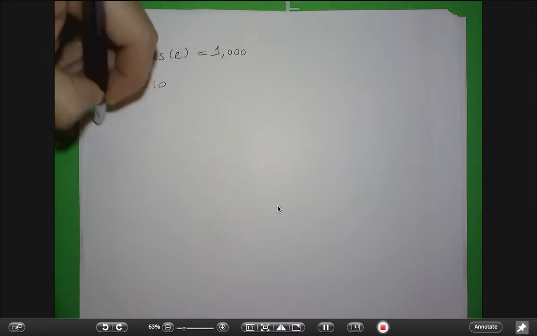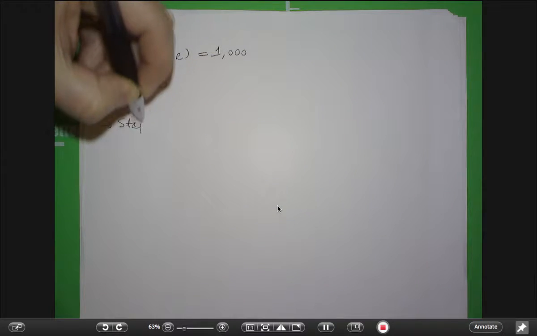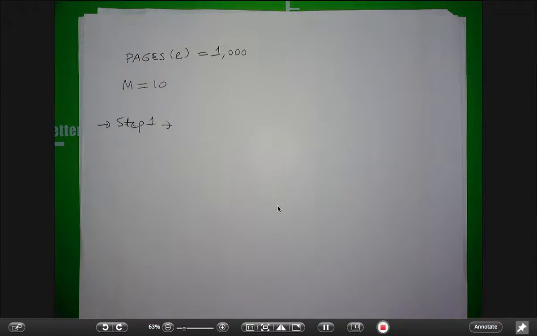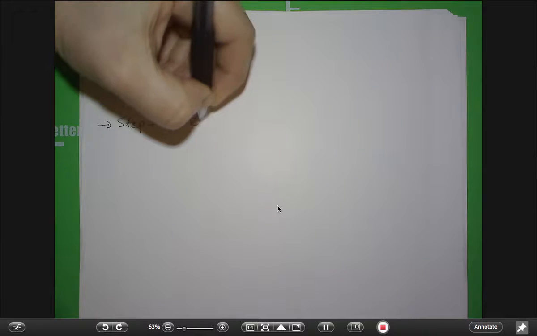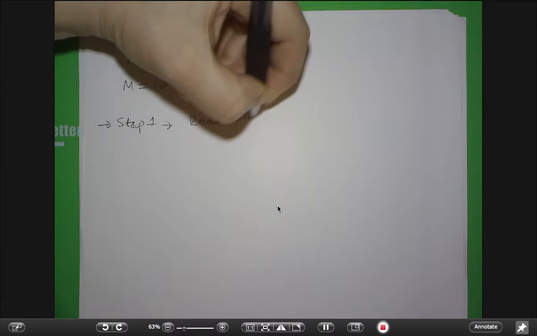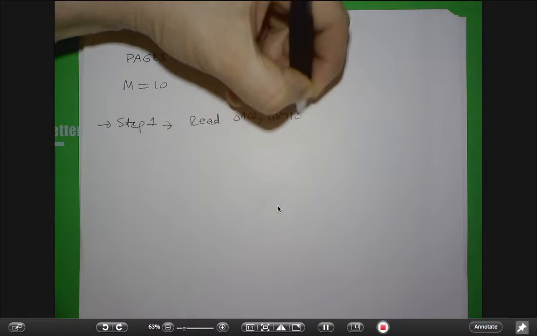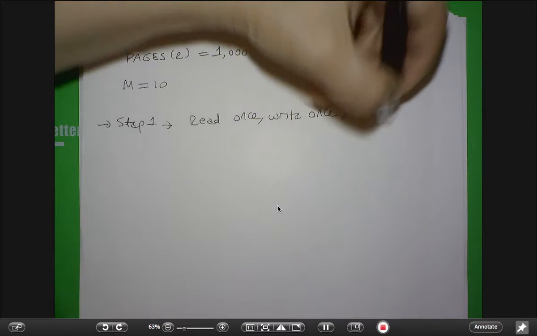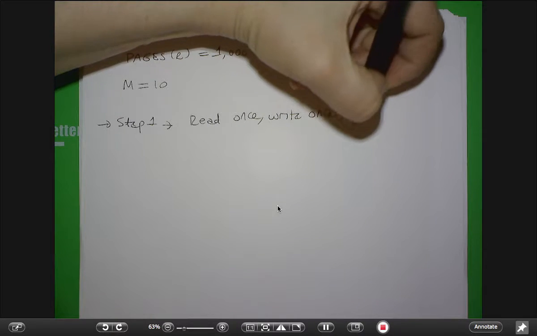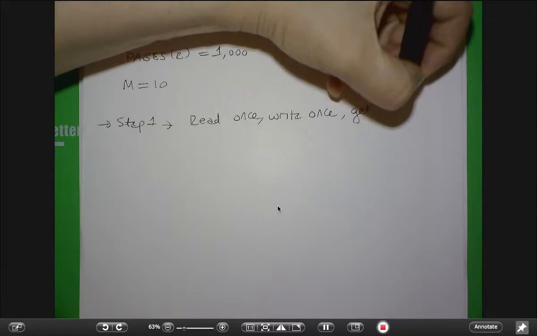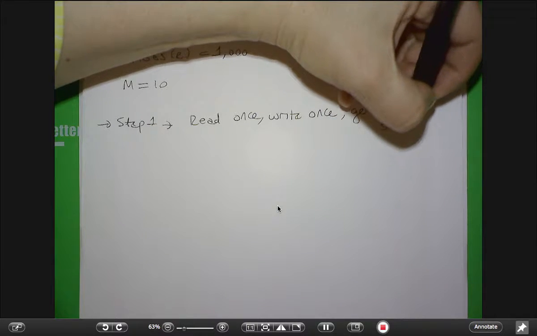Step one says that read data pages 10 blocks at a time, sort and write back, right? So read once, write once. You will basically get 100 sorted groups.